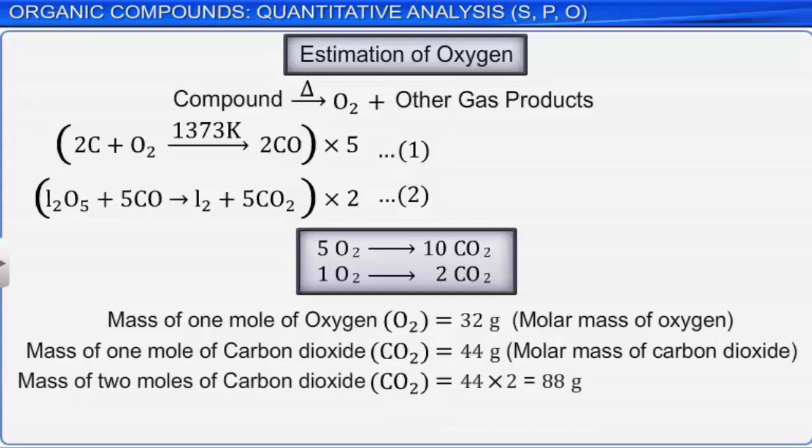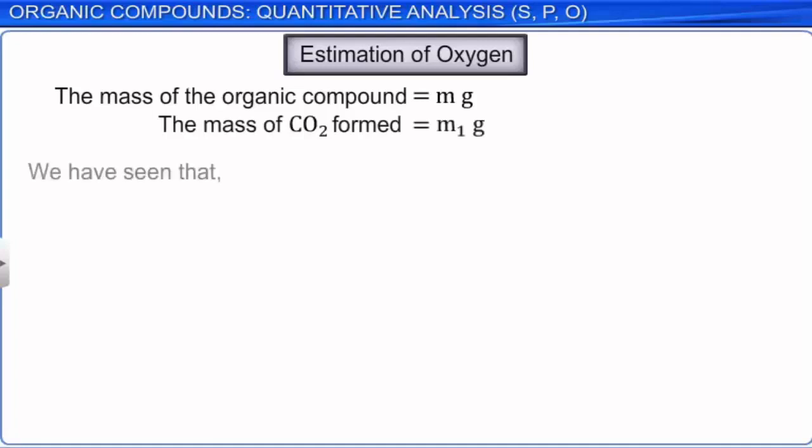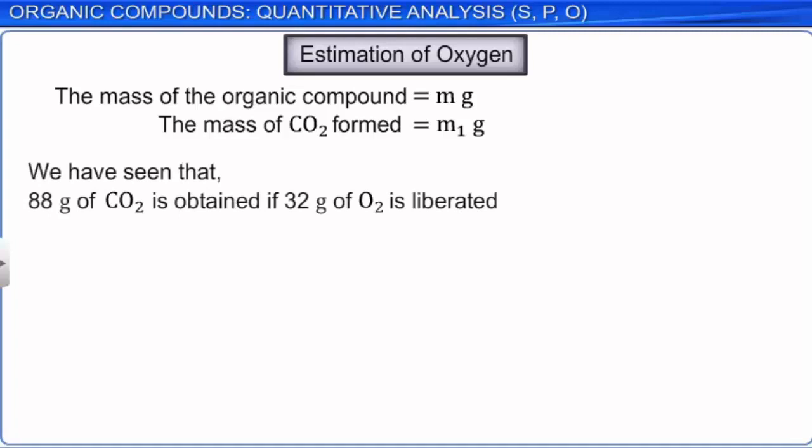Let the mass of the organic compound taken be m grams. Mass of carbon dioxide produced be m1 grams. We have seen that 88 grams of carbon dioxide is obtained if 32 grams of oxygen is liberated, so m1 grams of carbon dioxide is obtained if 32 into m1 divided by 88 grams of oxygen is liberated.